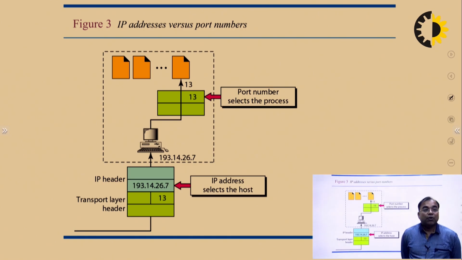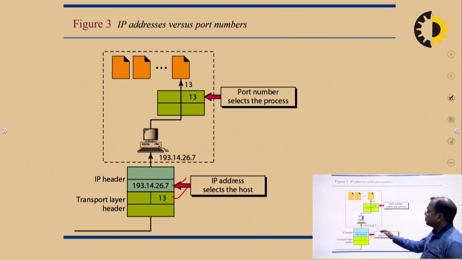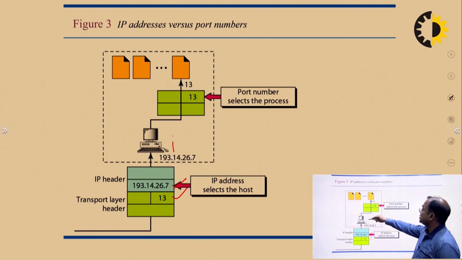Now, what does the IP address do? IP address and port number together are known as a socket. We'll see that later. But here we see how the IP address versus port number works to send data over the network. The IP address selects the host. Now, in the IP header we have an IP address and a port number. This is how data is sent from this IP address to a particular process or port.